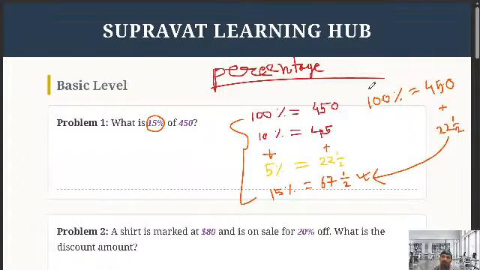So this whole process will be in your mind. That's why I am teaching this method. Just learn this method, we will ace the exam.